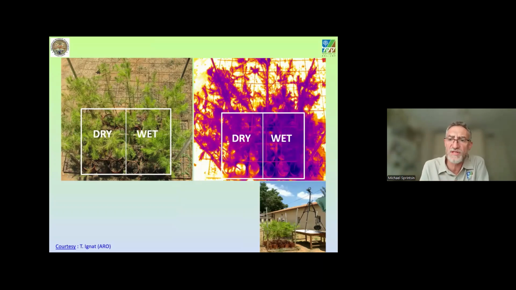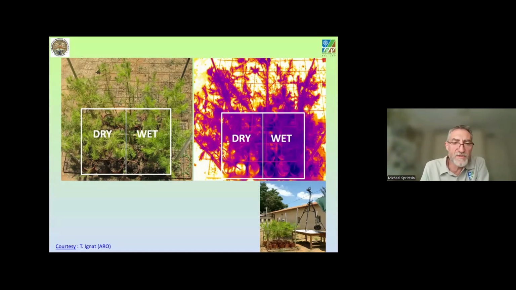This research has been done in collaboration with the Agricultural Research Organization, Volcani Center, Ministry of Agriculture, and we started this experiment by testing the behavior of saplings, first of all, in a controlled environment, in order to answer two questions. First, what is the temperature difference between well-watered and dry trees, again in a controlled environment? And the second one, when does this difference appear, at what stage of drying of the trees?